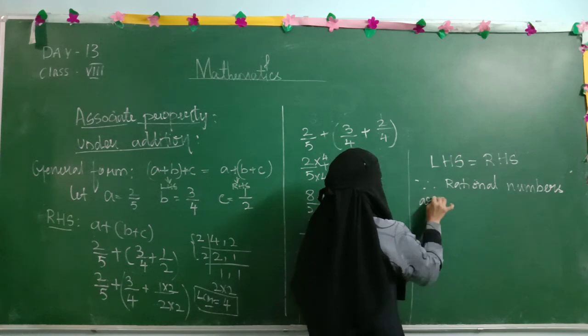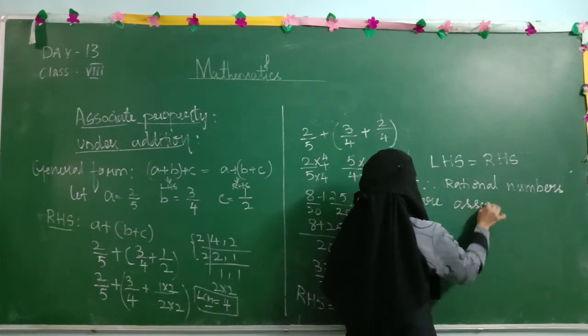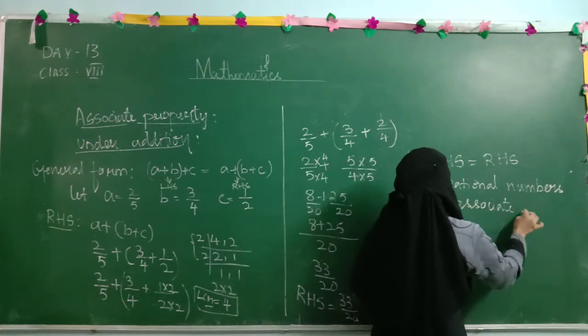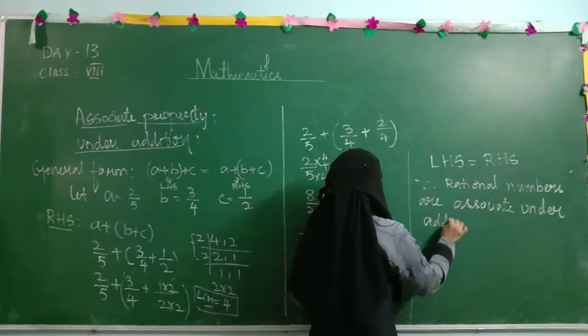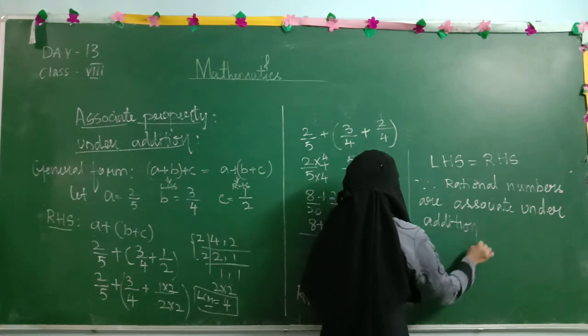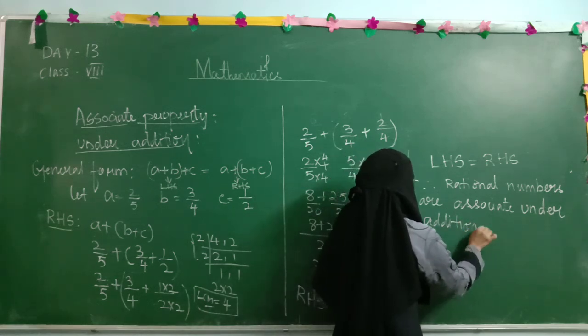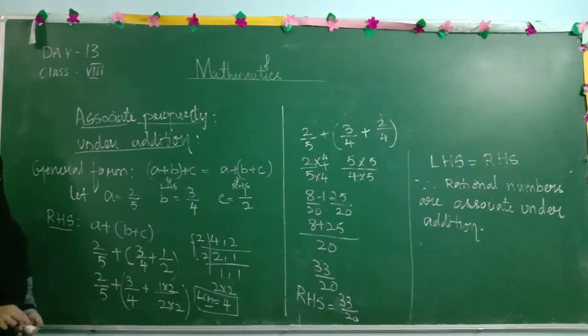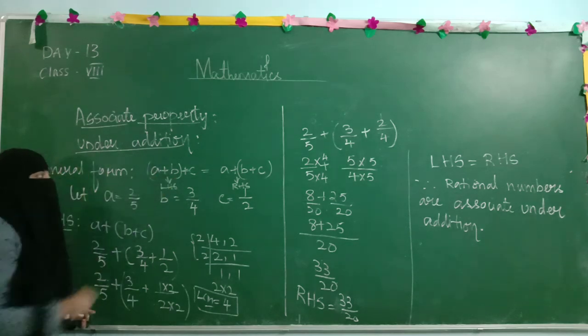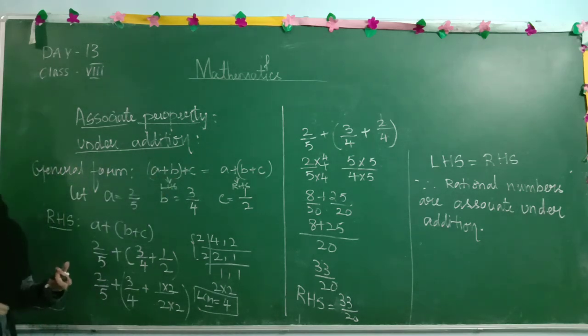Rational numbers are associative under addition. Is that clear to everyone? Rational numbers are associative under addition and this is the general form. And by taking your own rational numbers you can perform this and verify for other rational numbers also whether this property is satisfied or not.